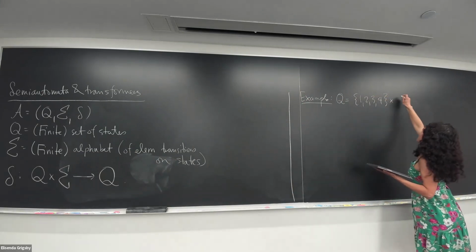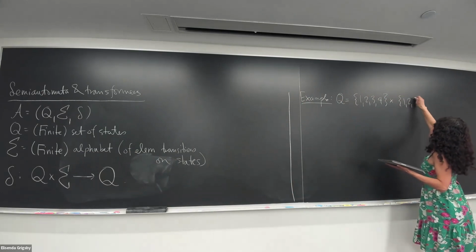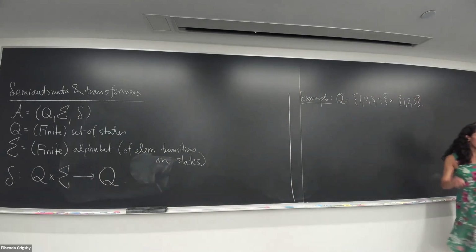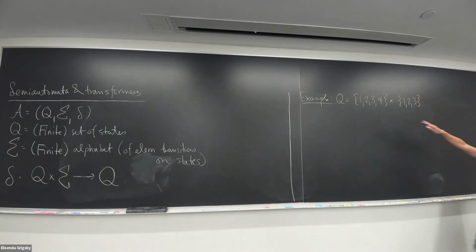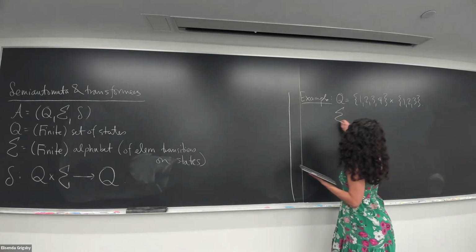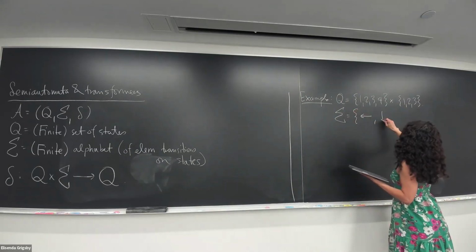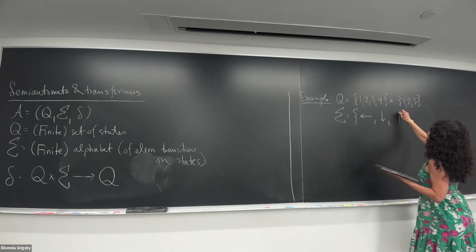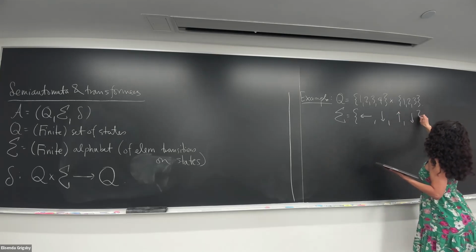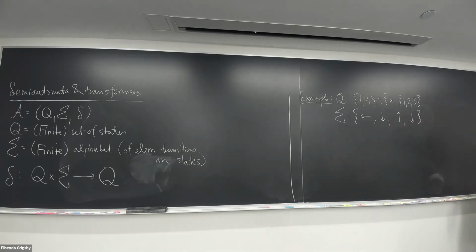Let's let the states in a particular finite state automaton be pairs of integers. And let's let sigma be these 4 elementary transitions.